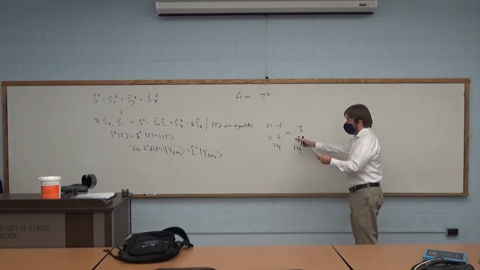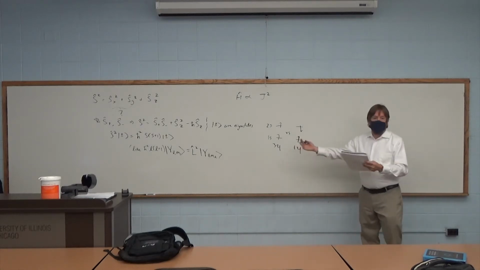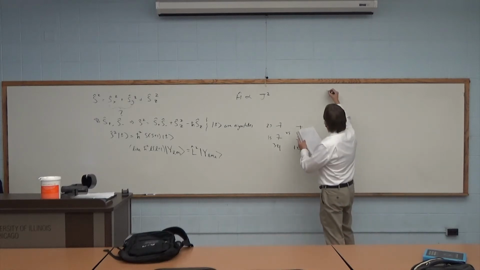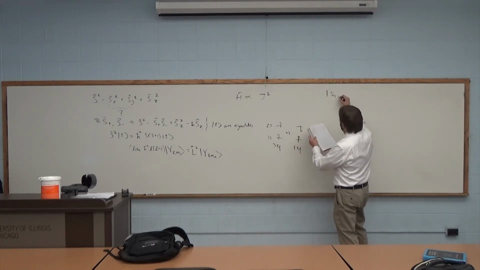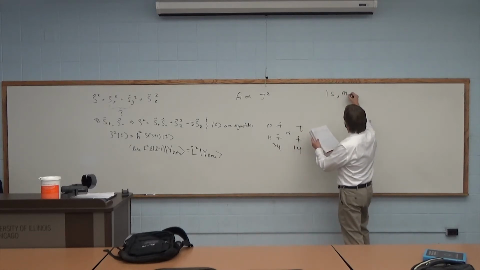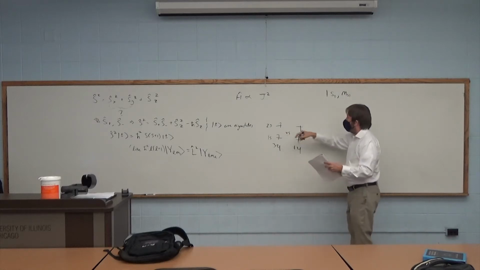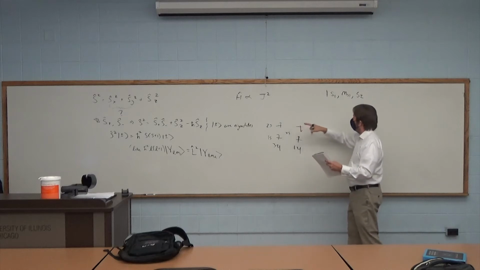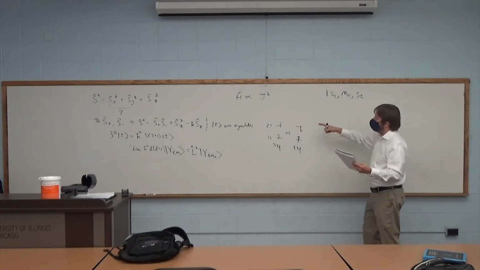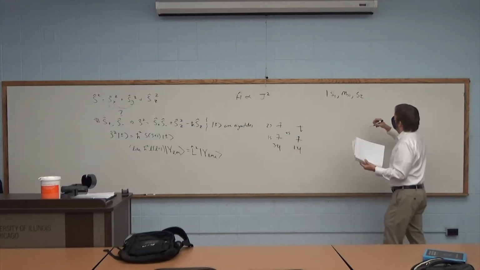When I look at this, I need to have just one wave function, even if it's just a bunch of wave functions multiplied. I have S1, which is 1/2, and then M sub S1, which is 1/2. Then I have S2, which is 1/2. The S's, of course, for the spin of electrons are always 1/2.